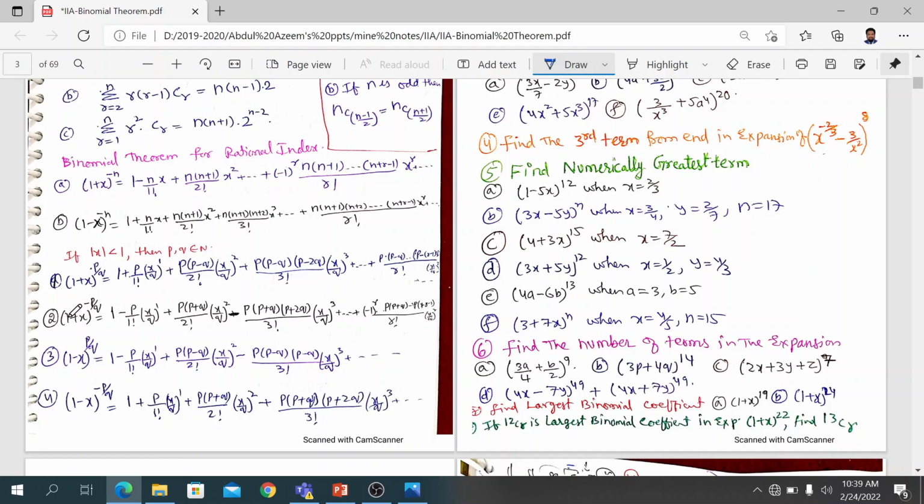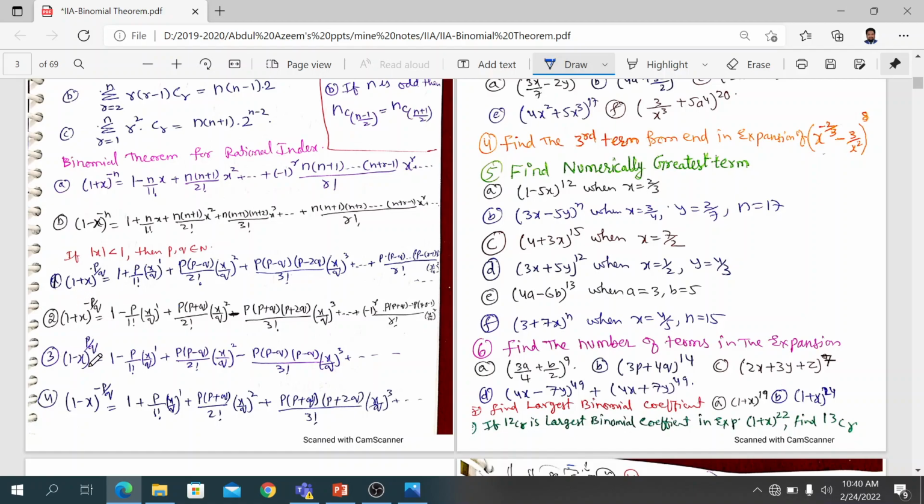Next, 1 plus x power of minus p by q is equal to 1 minus p by 1 factorial x by q plus p into p plus q by 2 factorial x by q whole square minus p into p plus q into p plus 2q by 3 factorial x by q whole cube, and so on.